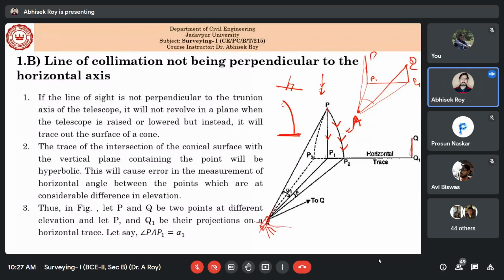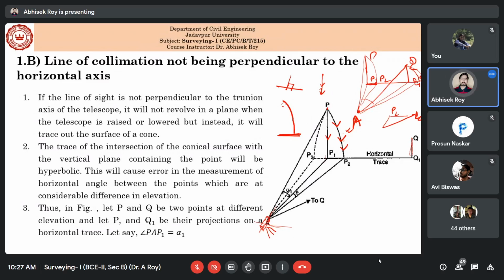Yes, sir. So as it is following a conical path, ideally what angle you should measure? P1AQ1. But if it will follow a conical path like this one, then what will happen? Instead of P1 you are getting a point P2, instead of Q1 you are getting a point Q2. So ultimately you are measuring P2AQ2.